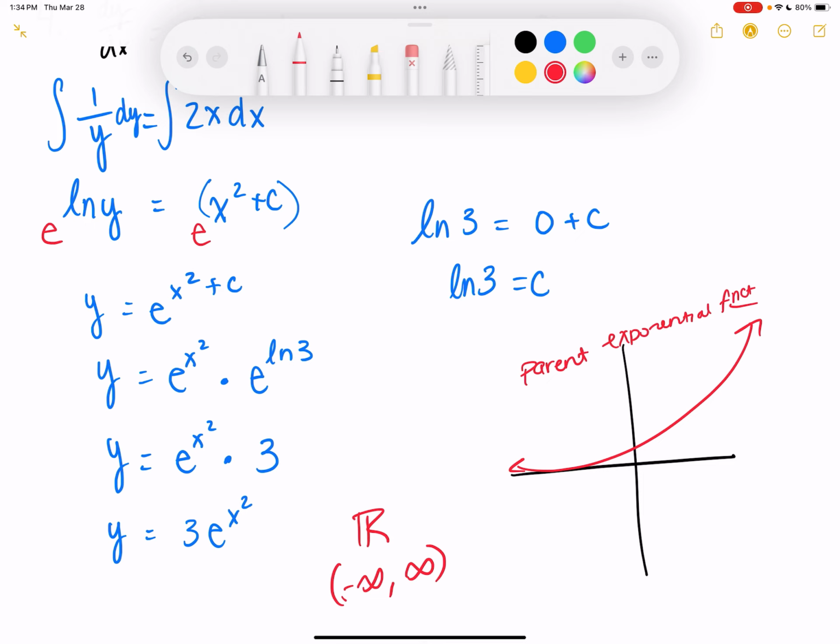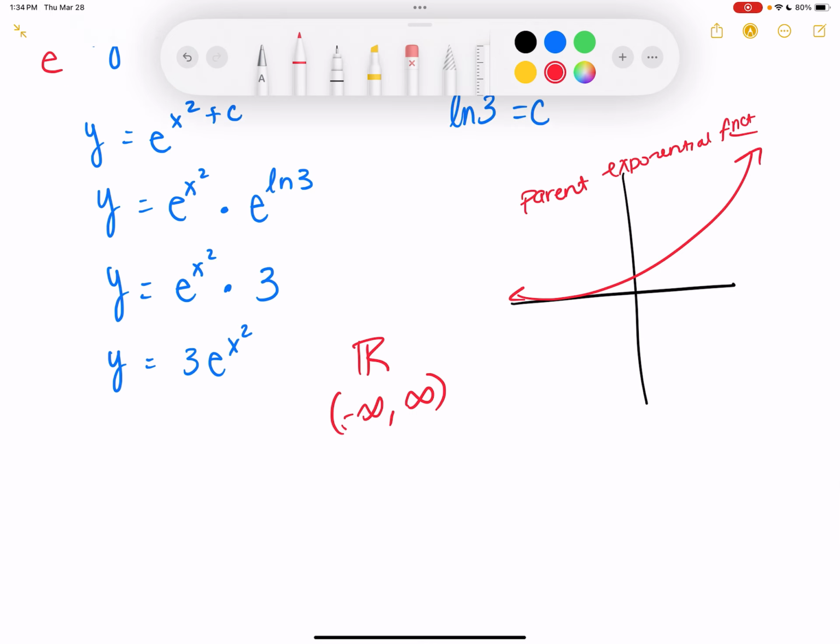Okay, let's try another one. We can put all the pieces together. Let's see if I can not make a mistake this time. dy dx is equal to cosine squared of y, and y equals 0 when x equals 0.